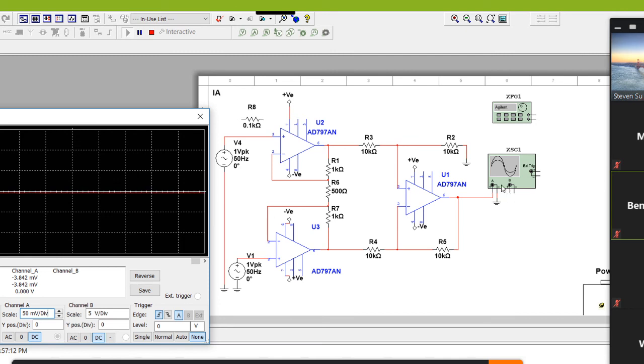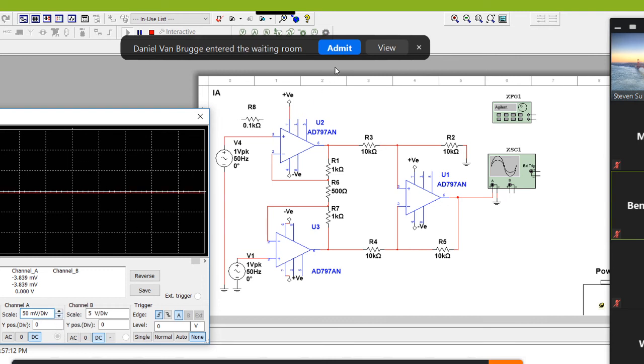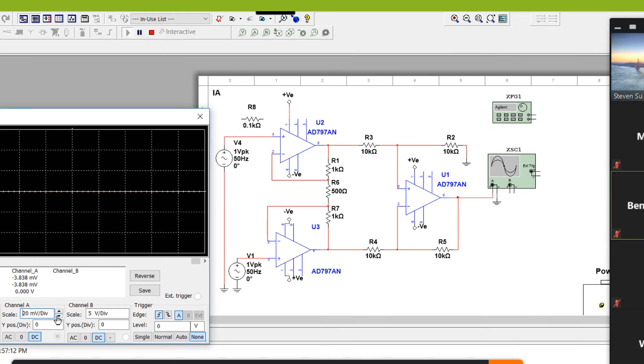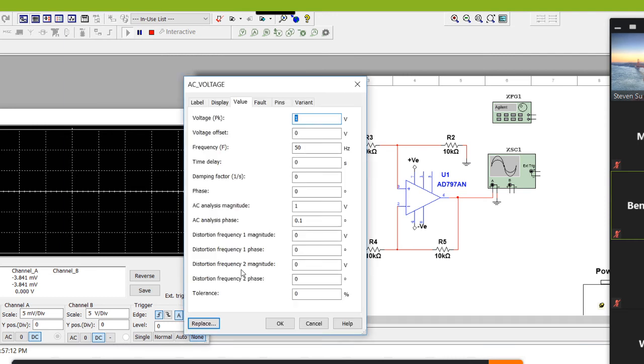I use channel A, so this is channel A. I can tune the scale, and I can also change the time scale as well. It has some value, but if I make it a little bit bigger, you will observe the change.